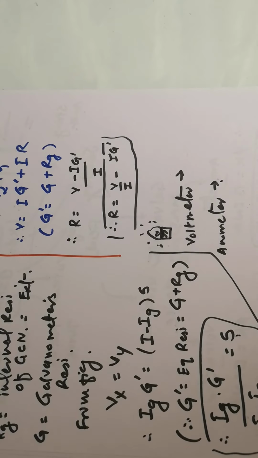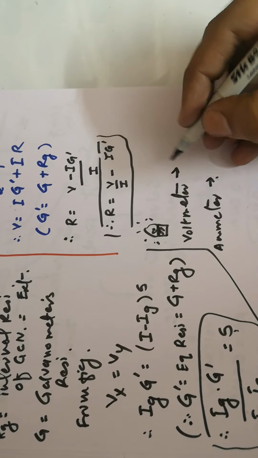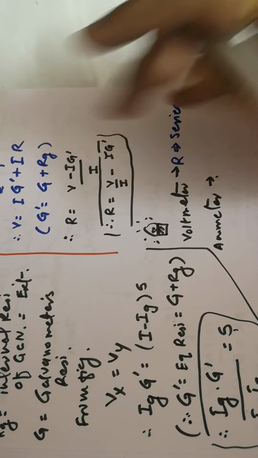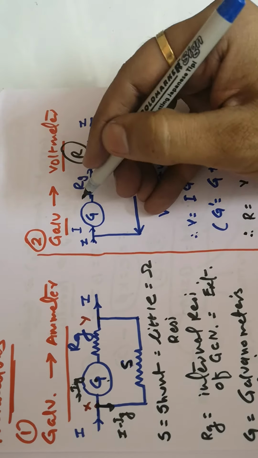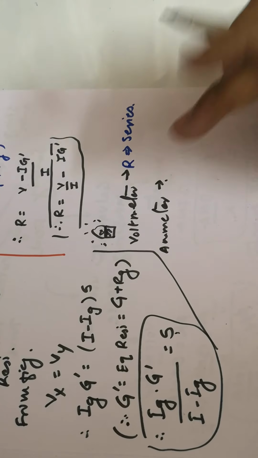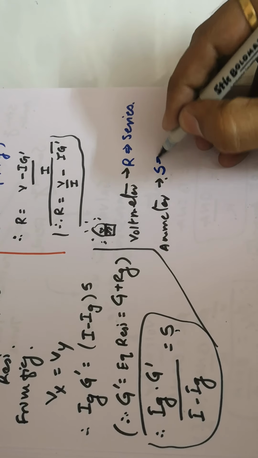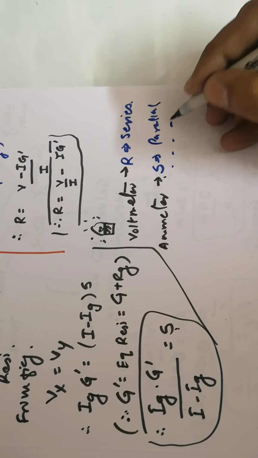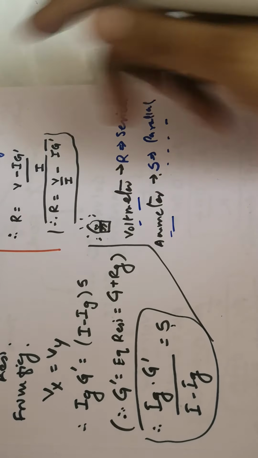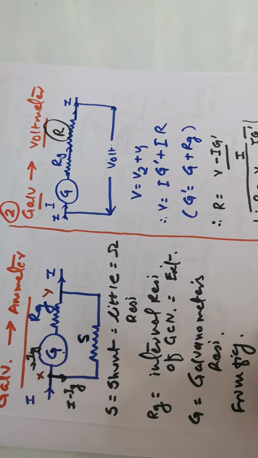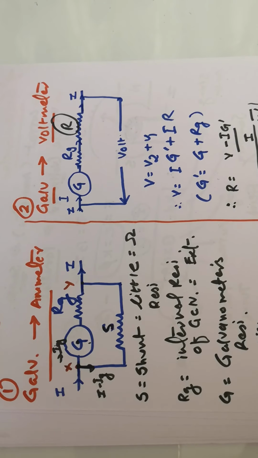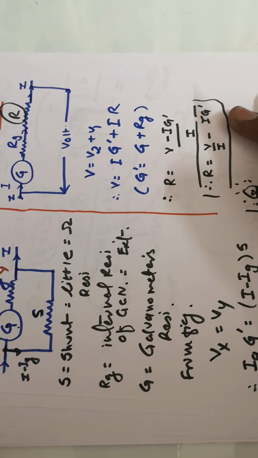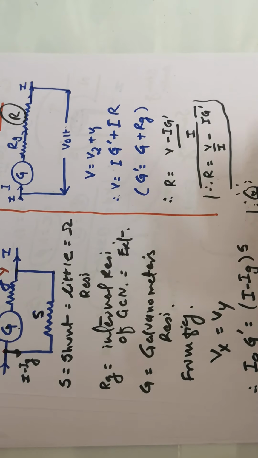Always connect the resistance R in series with the galvanometer, and always connect your shunt in parallel. After such a connection, you are practically converting your galvanometer into an ammeter, and after calculation you can place these values and you are in a proper position to calculate all those data.